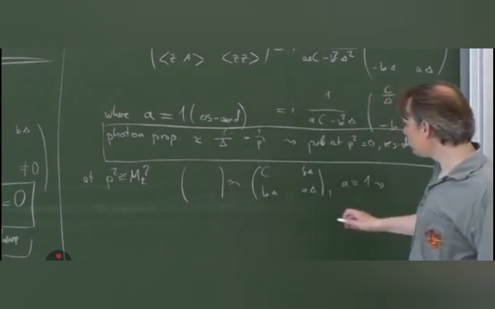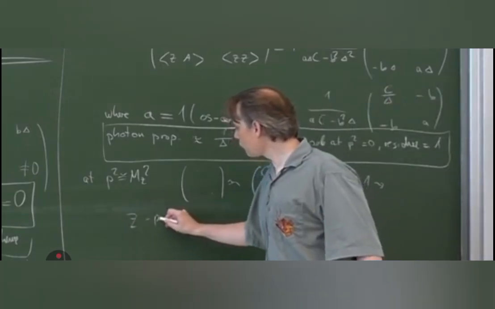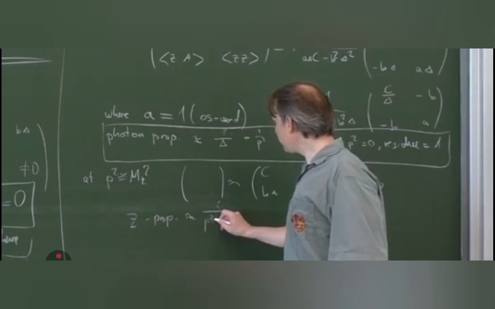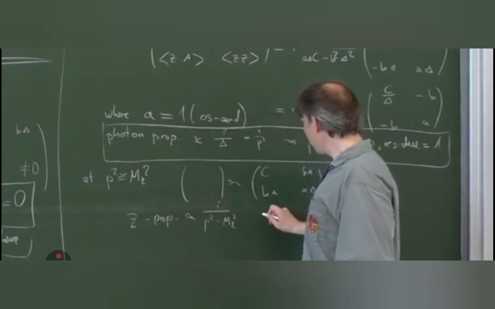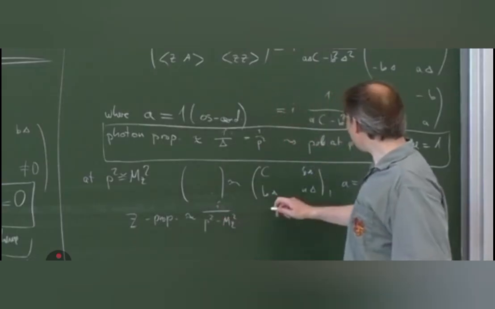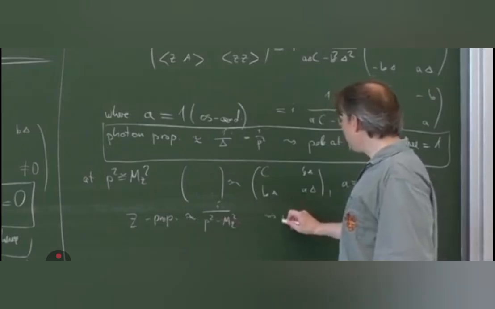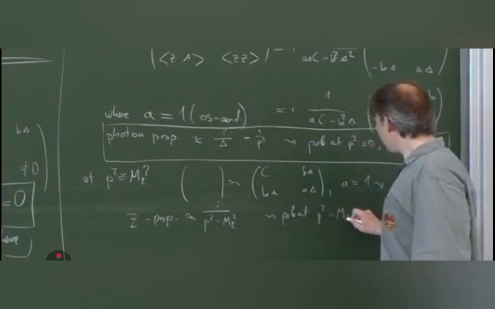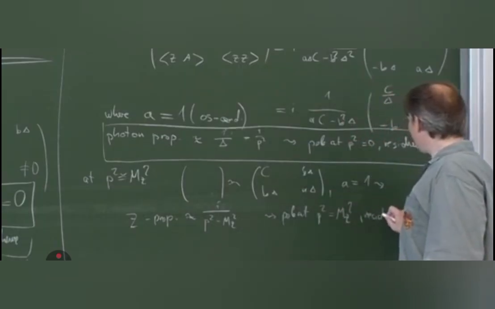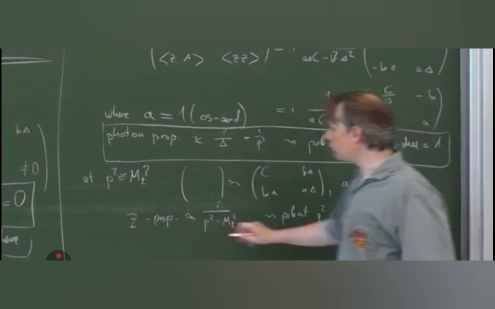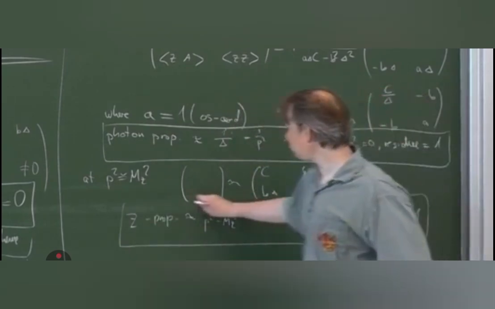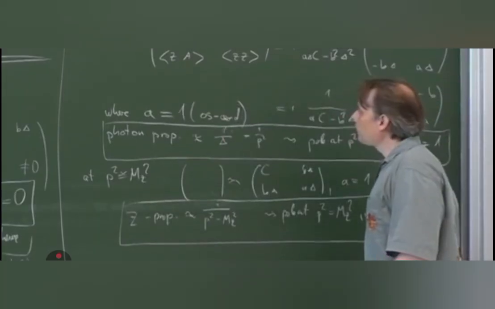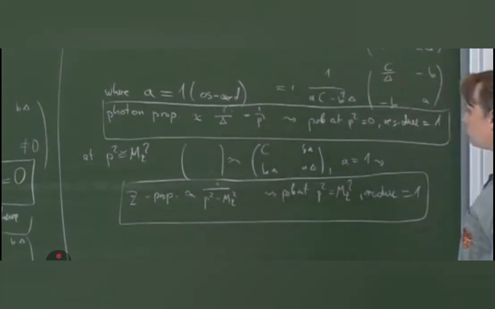So then the Z propagator behaves like 1 divided by p square minus mZ square around the Z mass pole, and therefore we have a pole at p square equal mZ square, and again the residue is equal to 1. And again you would have mixing propagators which are non-zero, but which do not have a pole.